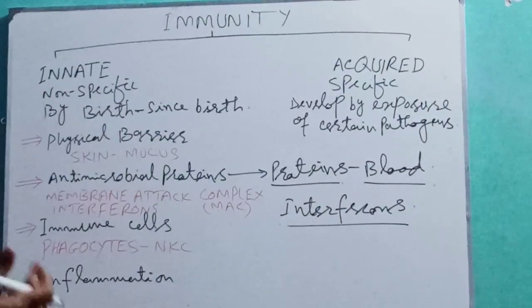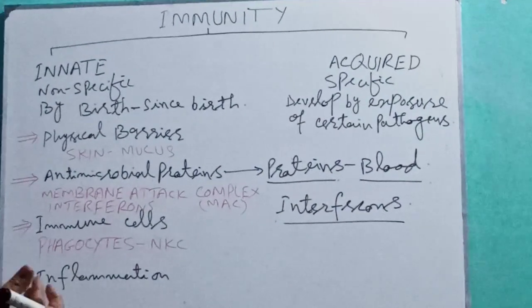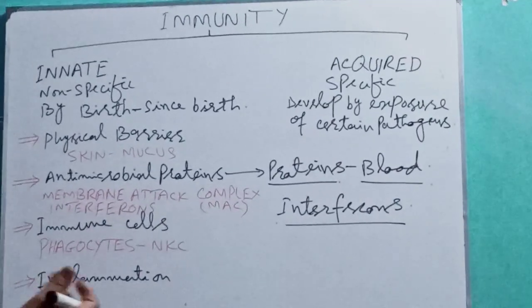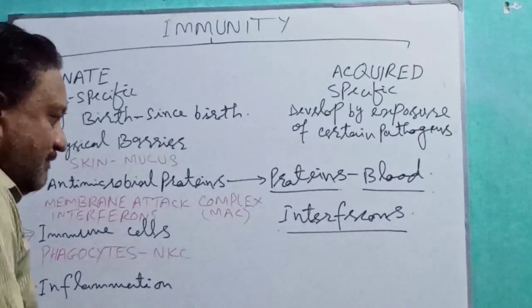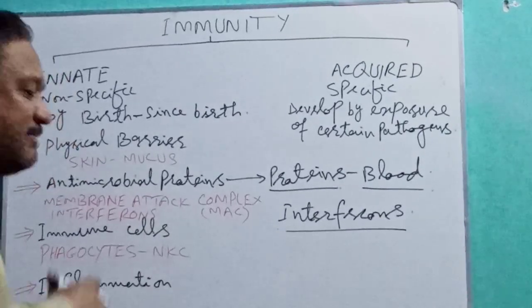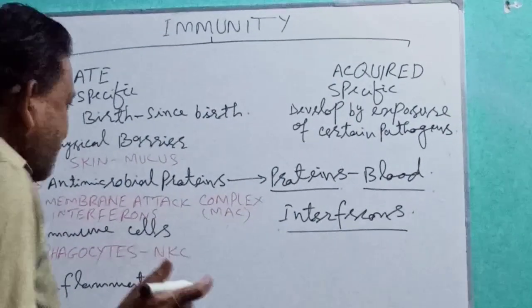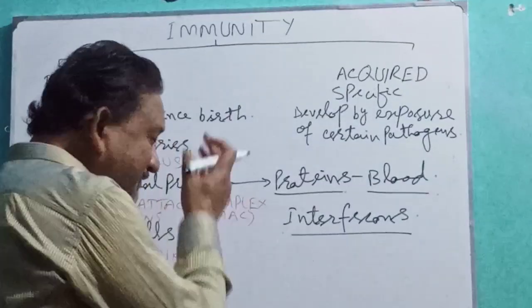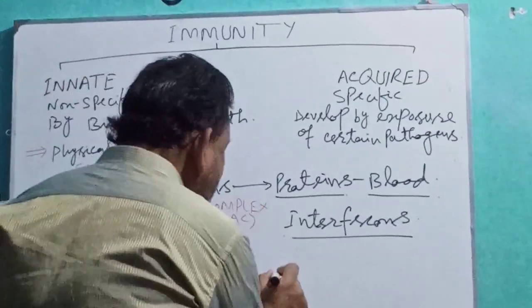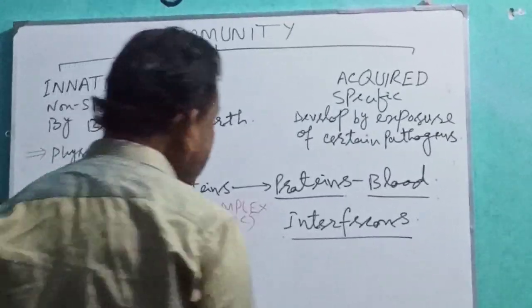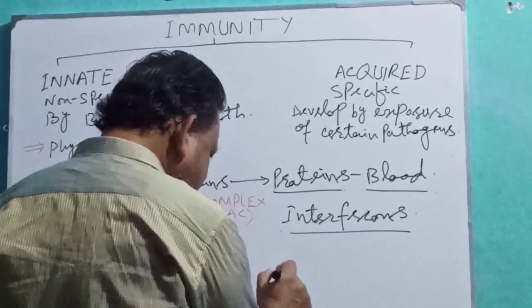They have three types, type 1, type 2 and type 3, alpha, beta and gamma interferons, which we will completely discuss in a later video. But here, interferons are antiviral substances. Basically they are proteins.